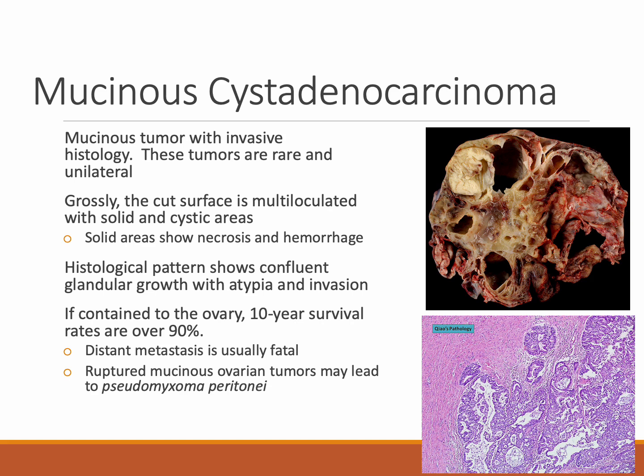But these mucinous cystadenocarcinomas, although rare, are very problematic. If they are contained, great, they have a high survival rate, but any distant metastasis or rupturing can quickly spread, and we'll talk about pseudomyxoma peritonei shortly, especially how chemo-resistant or treatment-resistant these can be. Once metastasis is acquired, it is often fatal.